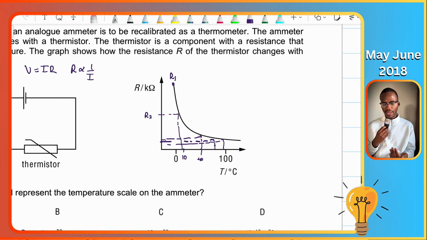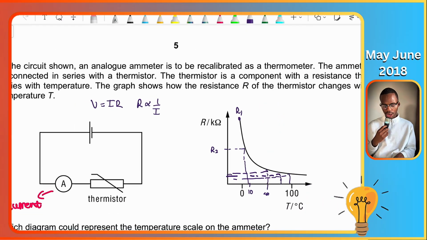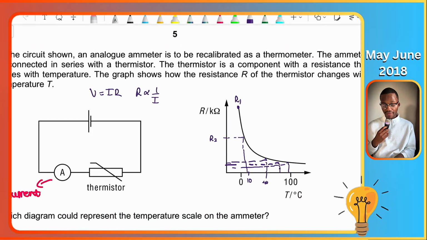But as you go away from that, you're going to have a very small change in resistance. So if you look at this relationship, you're supposed to have a big drop in resistance. So you're going to have a big deflection, a big change in current, because the resistance is going to change so much. You're going to have the current changing so much for the first time period.